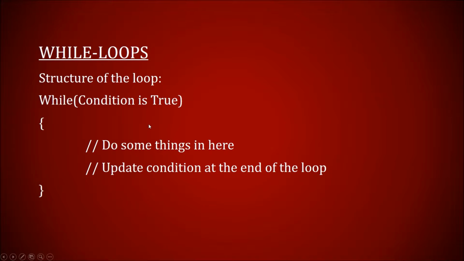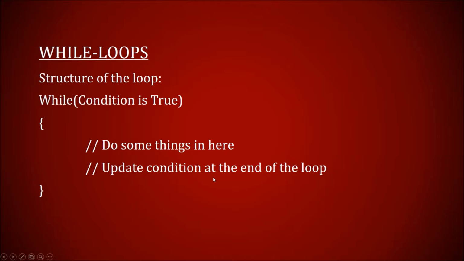So while loops. The structure of the loop is you define it as while, and then you put parentheses, and it goes while some condition is true. We'll see a few different kinds of conditions you can put in there throughout the lesson, but as long as a condition is true, it's going to loop through and do some things in here. You'll want to update that condition at the very end of the loop typically.